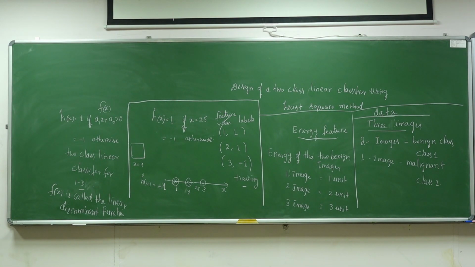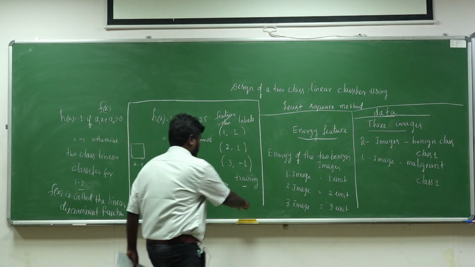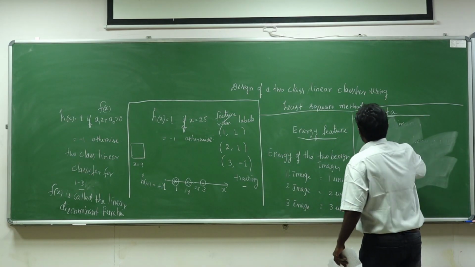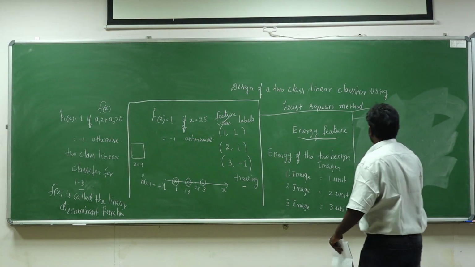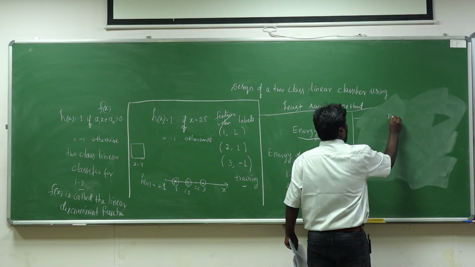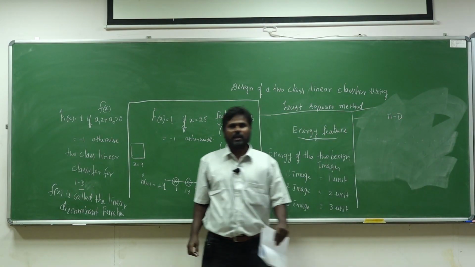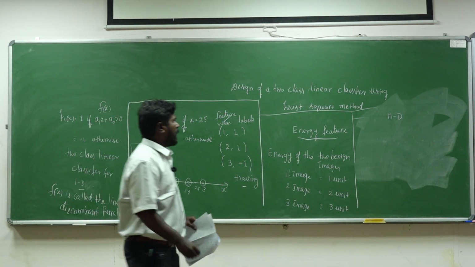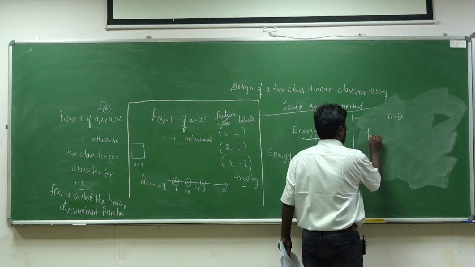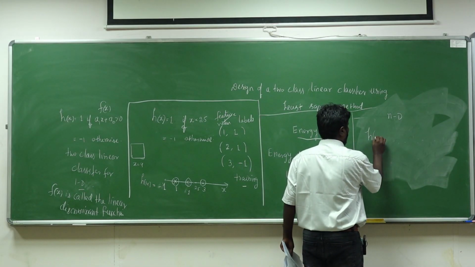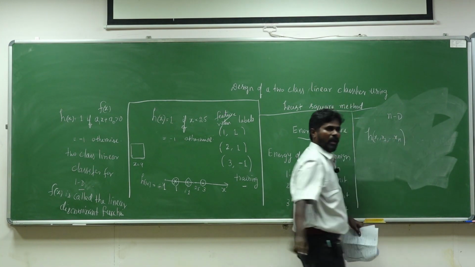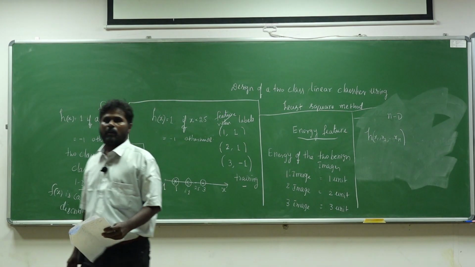In general, for the n-dimensional case, you define the classifier like this. Let's say you have n feature variables, x1 to xn.